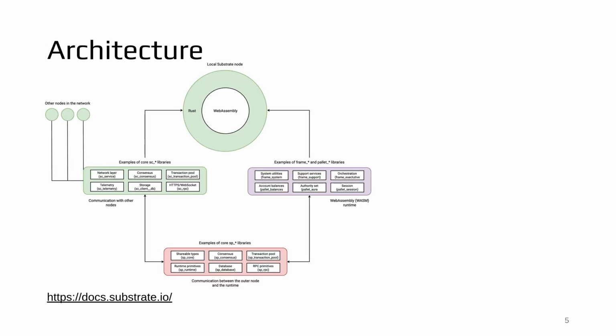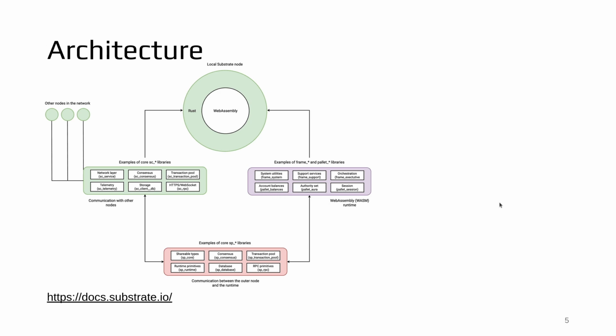And so here we can have another look at the architecture. Substrate is actually built around pallets, which we'll look at later. So you'll see that, for example, the account balances right here is actually implemented by pallet balances.